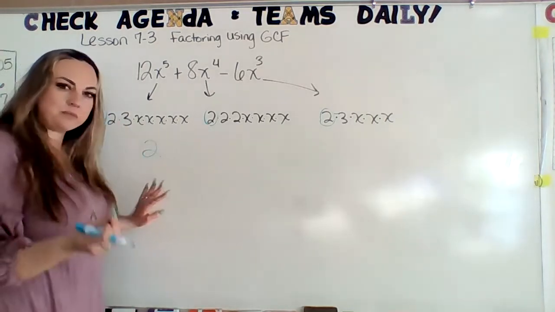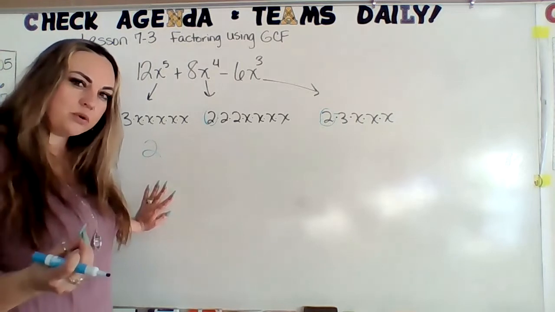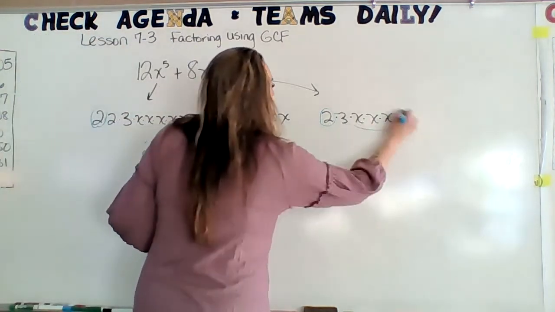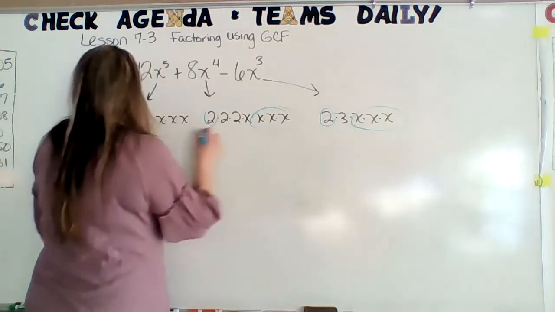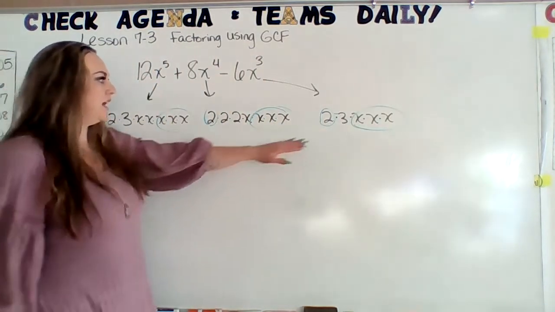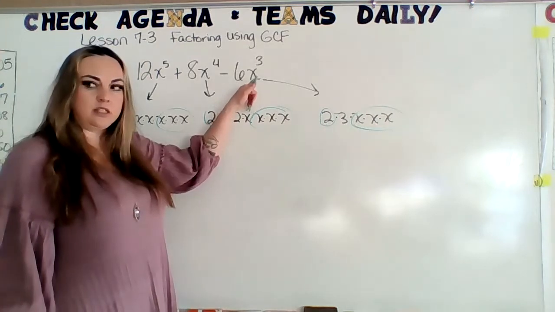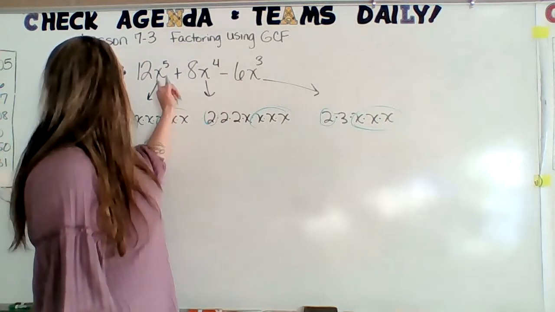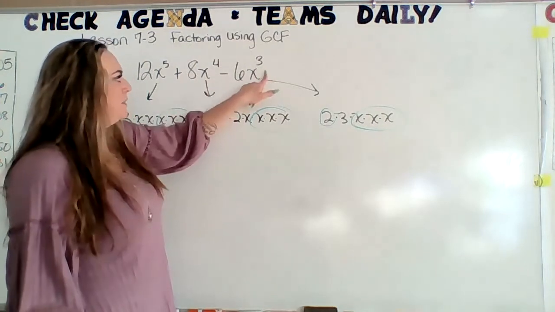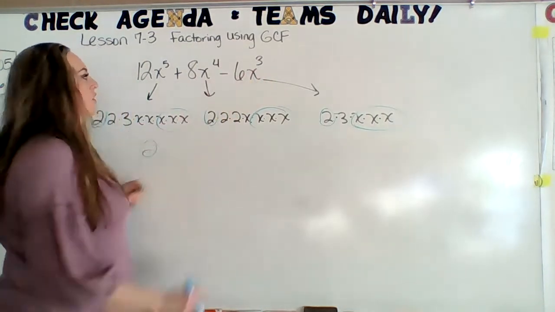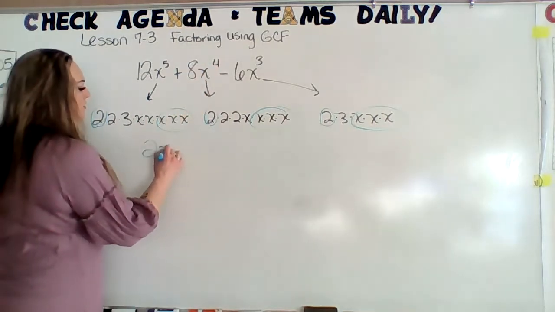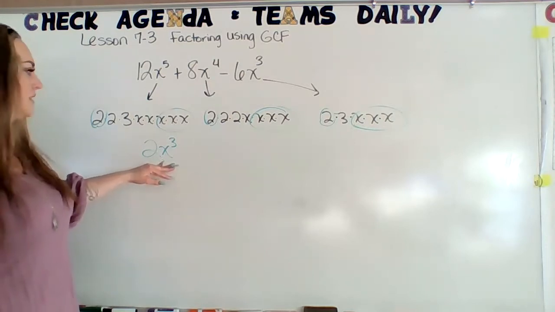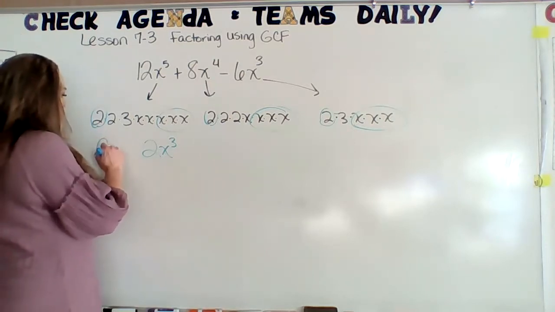What's the maximum number of variables that they all share? Well, this one has 3, this one has 3, this one has 3. So really I'm looking at the lowest exponent. If they're all the same variable, the same base, then the greatest common factor is the lowest one. So we're going to do 2x cubed as our greatest common factor.